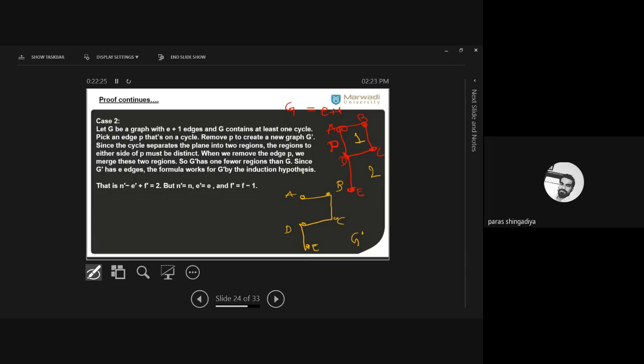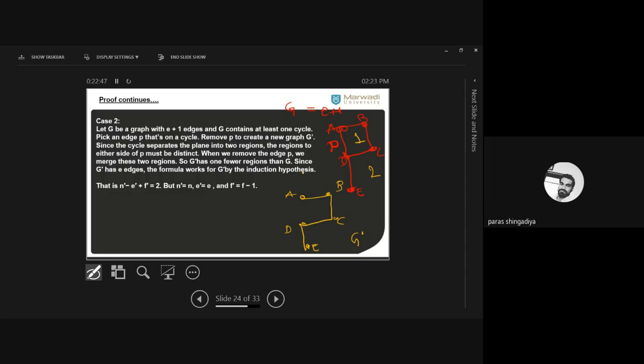And then after that we use the new notation now. Which new notation? This graph notation is G dash. So let us use vertex notation N dash, edge notation E dash, and face notation, that is F dash. So here we have which result? N dash minus E dash plus F dash is equal to 2.